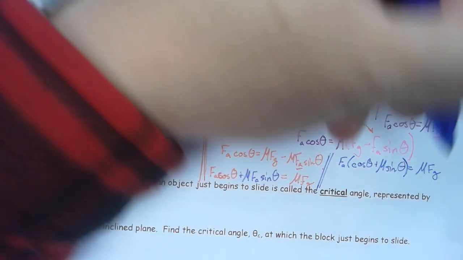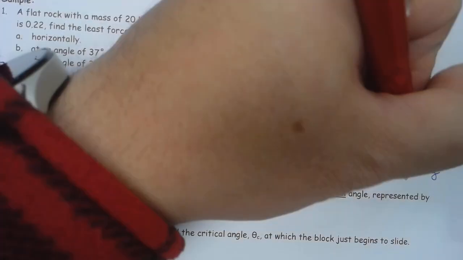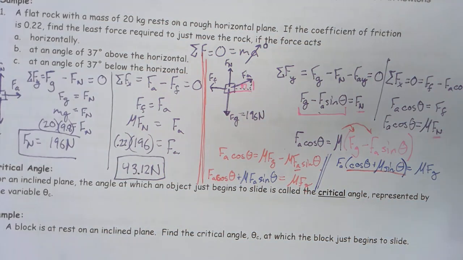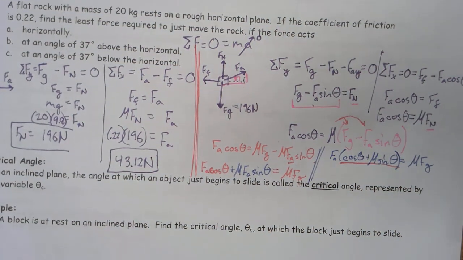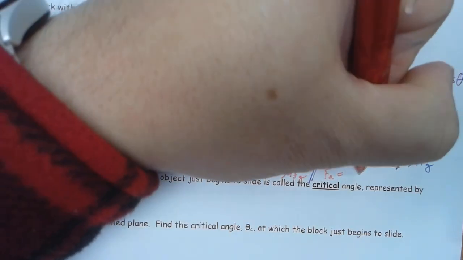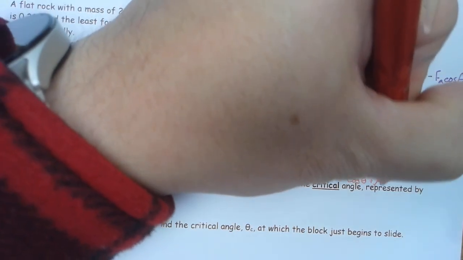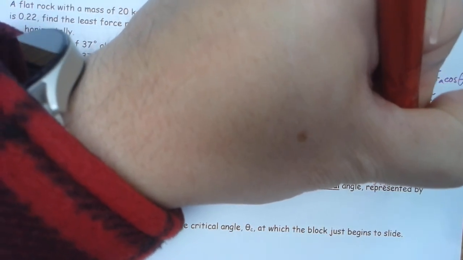Let's close our parentheses there. How do I get Fa by itself? After we factor it, we need to divide both sides by that term. So Fa by itself equals mu Fg divided by cosine theta plus mu sine theta.